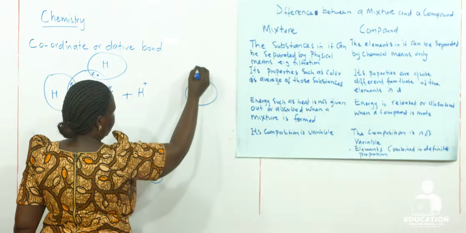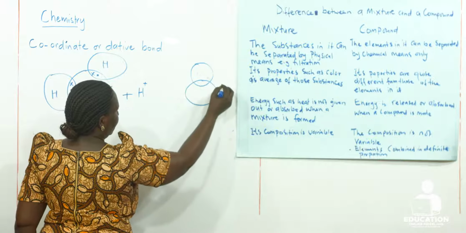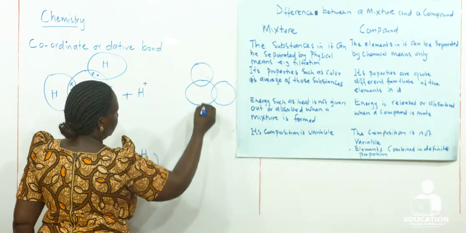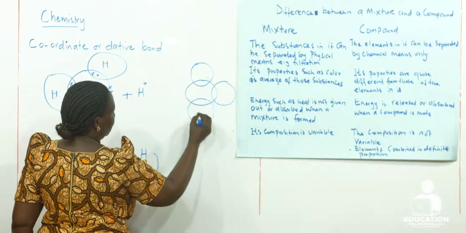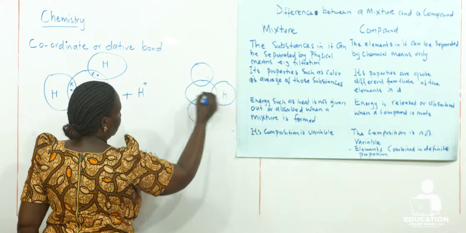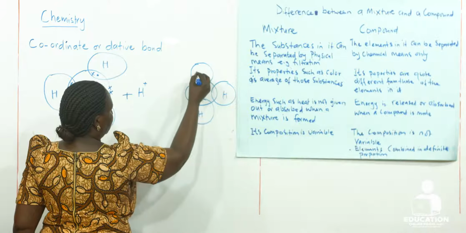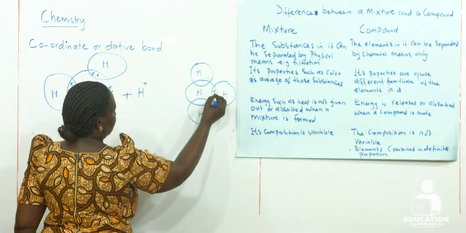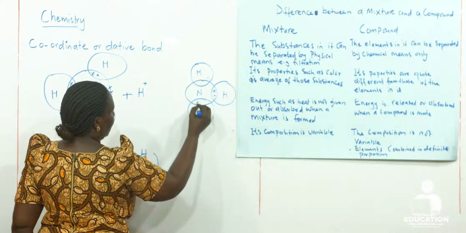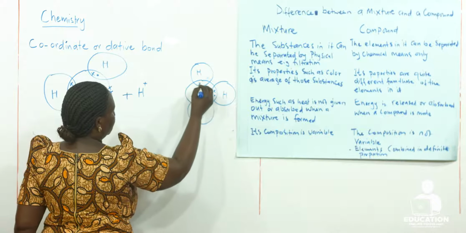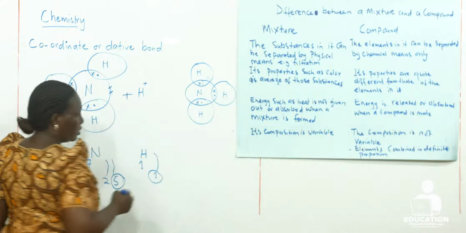We have nitrogen, we have the 3 atoms of hydrogen, these are the shared electrons between hydrogen and nitrogen.